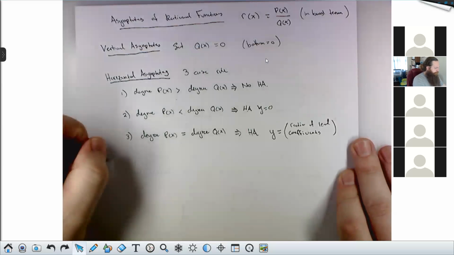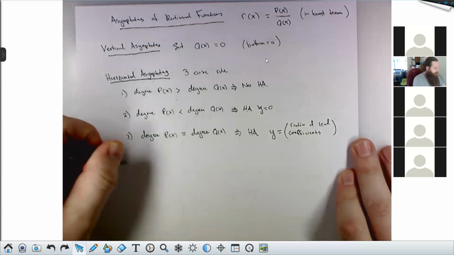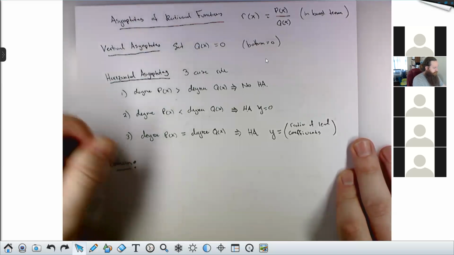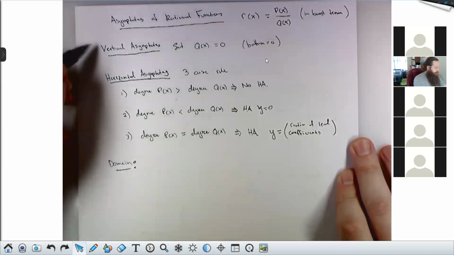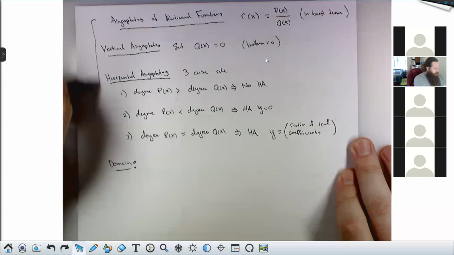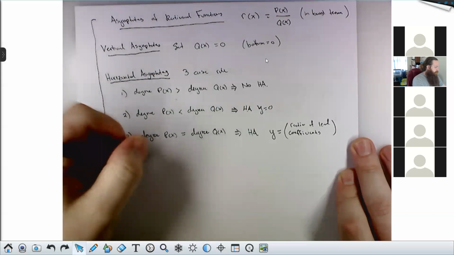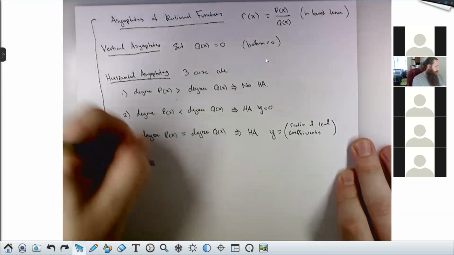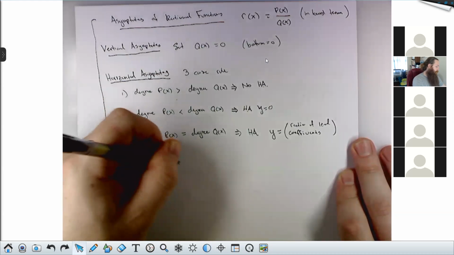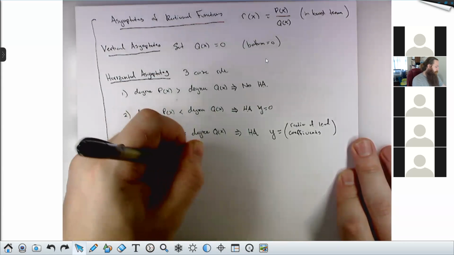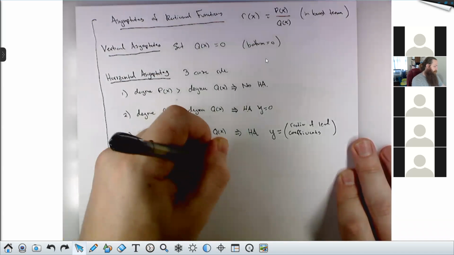While we're here, the domain, so it's asymptotes, right? Just this stuff, asymptotes. The domain of any rational function is all real numbers, except those which make the bottom 0.